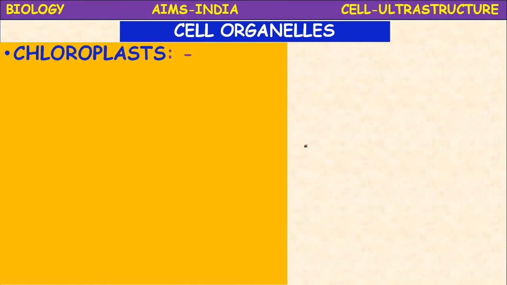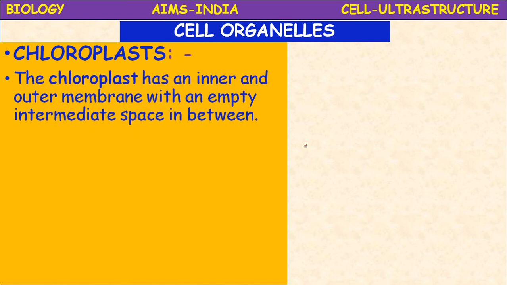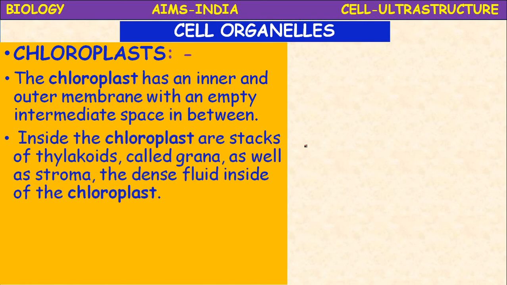Next, chloroplast. In plants, the plastids or the chloroplasts are very important structures. The chloroplast has an inner membrane and outer membrane, a double membranous structure with an intermediate space between, and inside the chloroplast are the stacks of thylakoids.